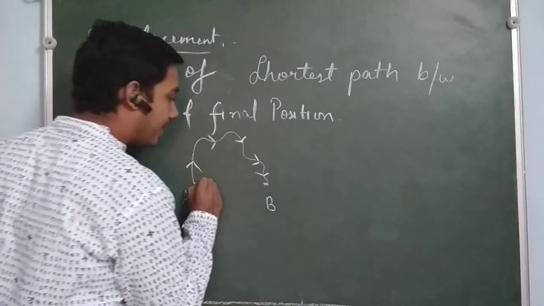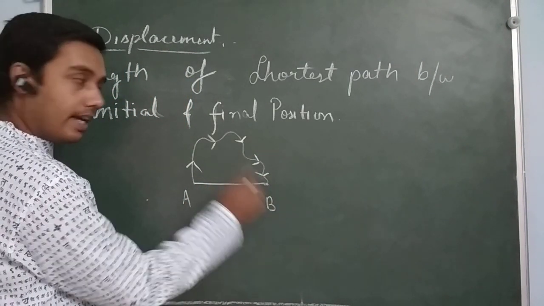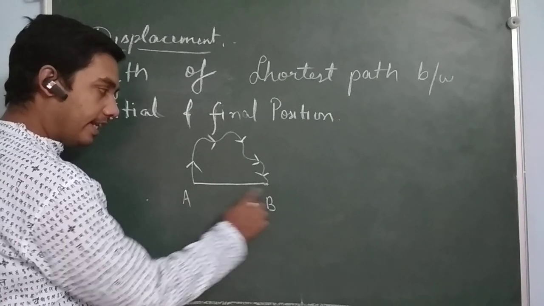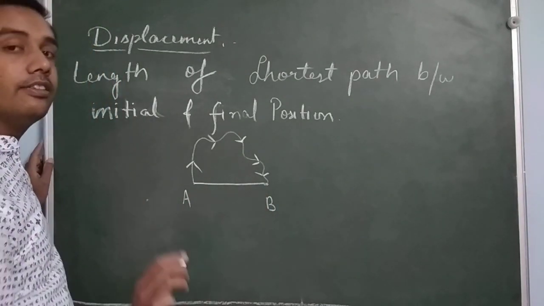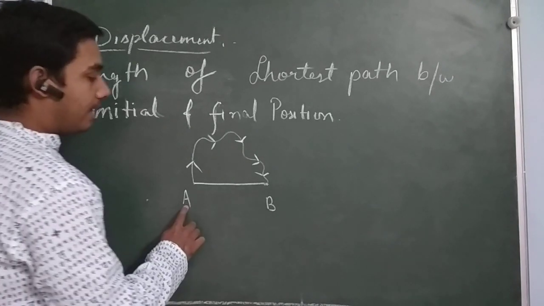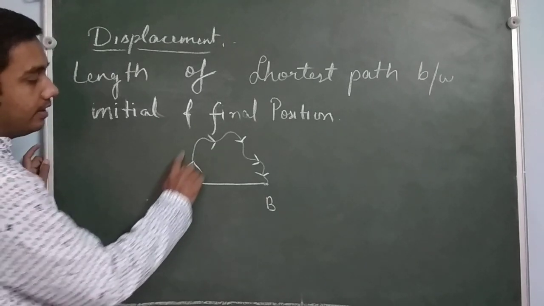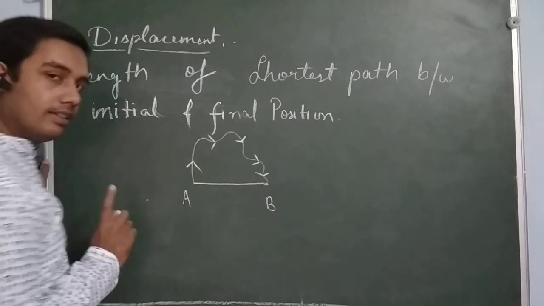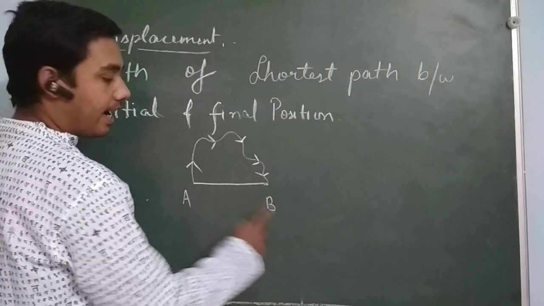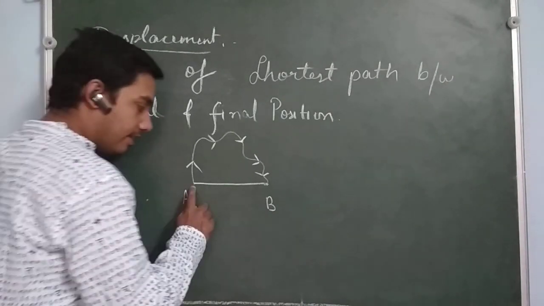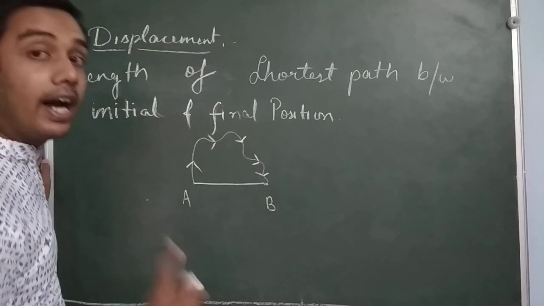So this straight line is the shortest path, and the length of this straight line will be termed as displacement. So when I am traveling from A to B via this zigzag path, the length covered by me is the distance, whereas the shortest path between A and B, that is the length of this straight line, will be my displacement.